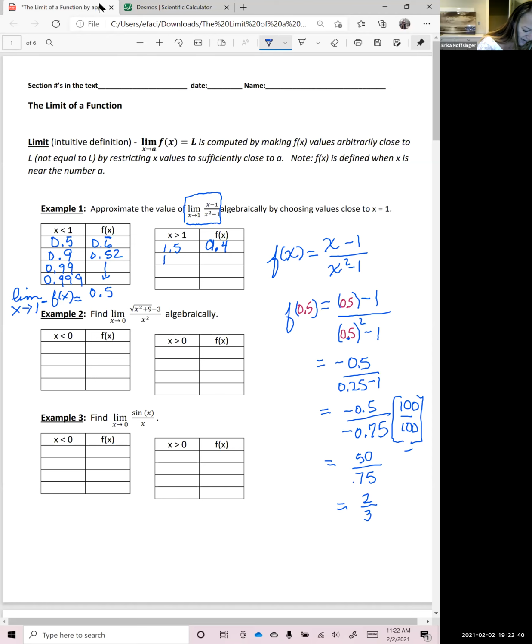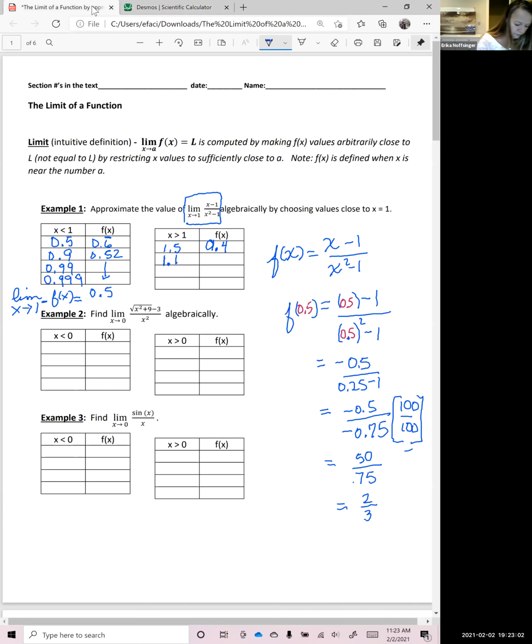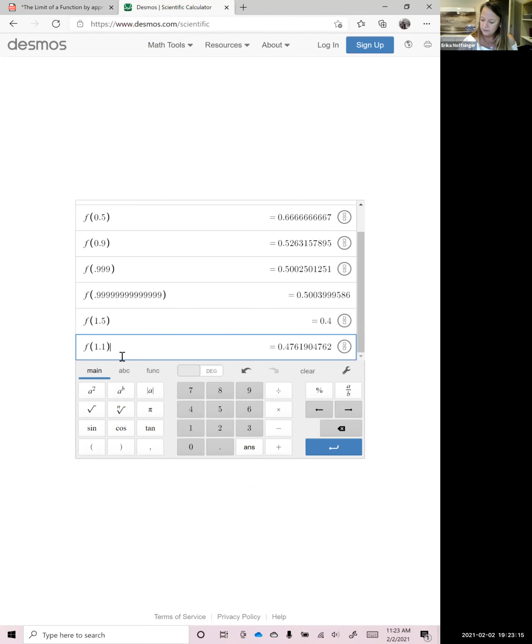And then let's look at 1.1. That's even closer to 1 on the right-hand side. So if we plug in f of 1.1, I'm getting 0.476. So it's looking like it's getting up to that 1/2, but let's just make sure.